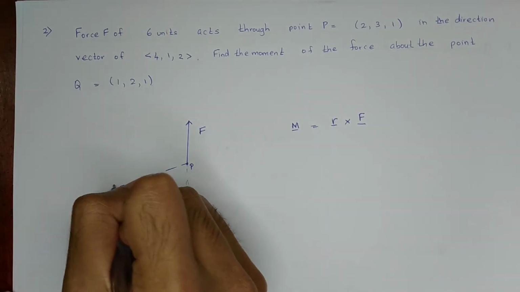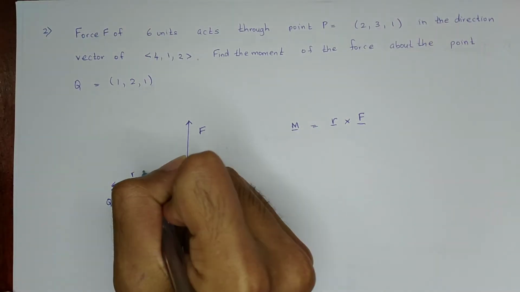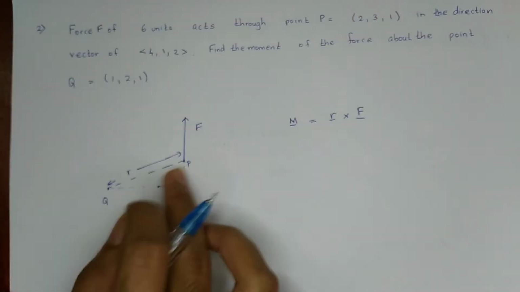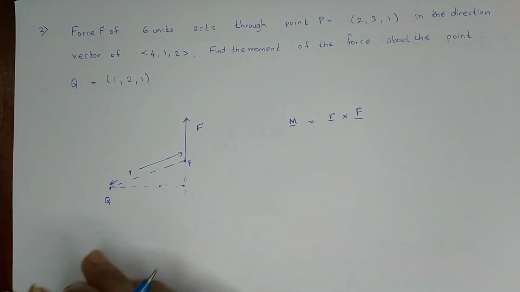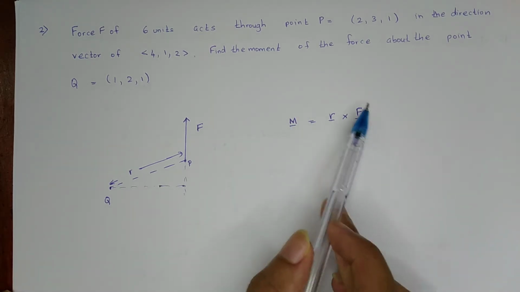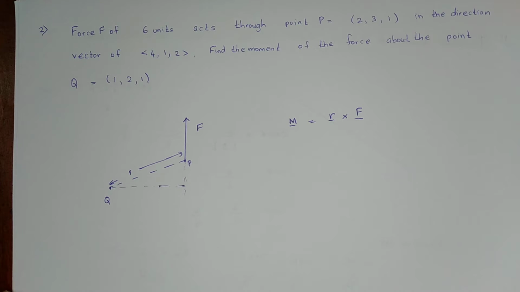Here R would be the position vector. You don't need to figure out the sign, which means the direction of this R. You can directly use this R vector and take the cross product with the F vector. If you do so, you will get the answer.